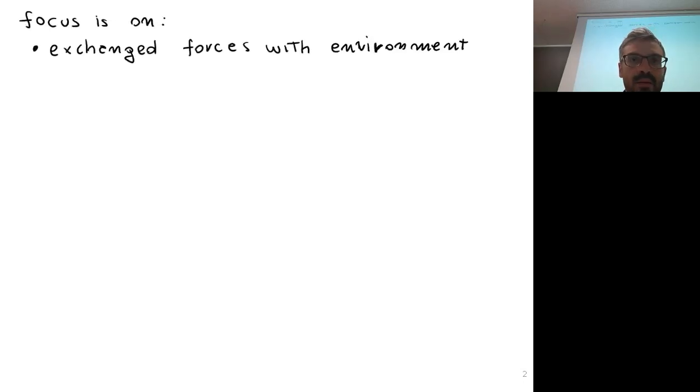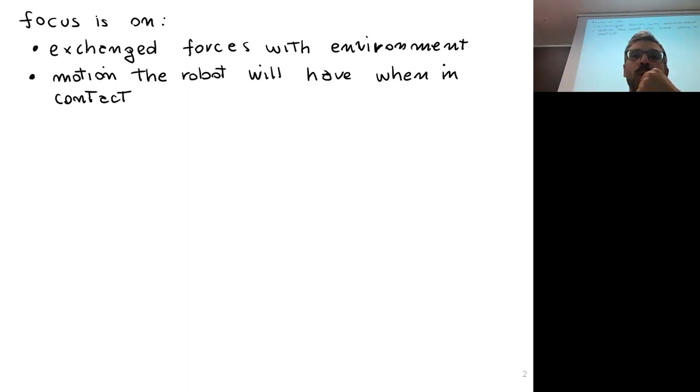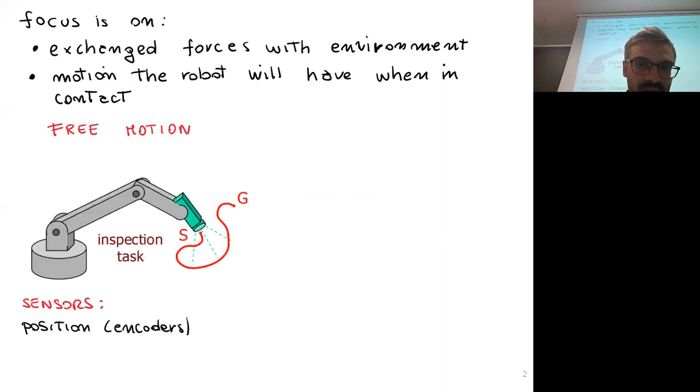And so the focus of this lecture is on the fact that there are forces exchanged with the environment, and what will be the dynamics, the motion of the robot, when the manipulator is in contact. So we have till now described the case of free motion. We said that there is a mapping between Cartesian forces and joint torques.